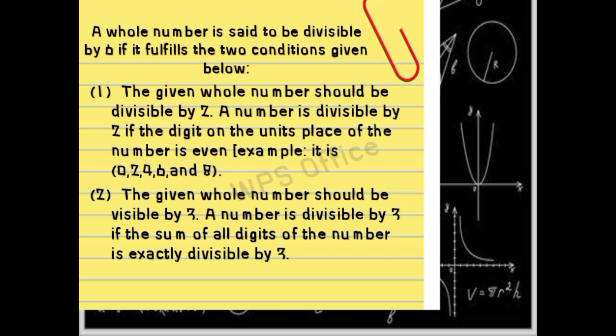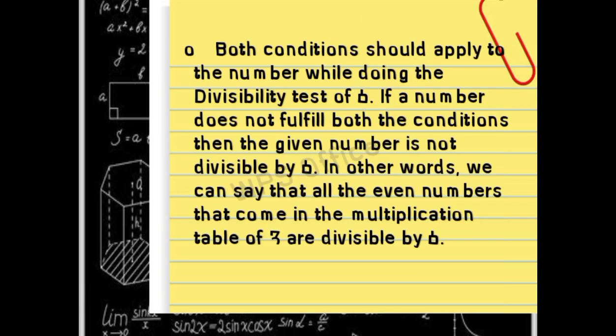A number is divisible by 3 if the sum of all digits of the number is exactly divisible by 3. Remember that both conditions should apply to the number while doing the divisibility test of 6. If a number does not fulfill both conditions, then it is not divisible by 6. In other words, all even numbers that come in the multiplication table of 3 are divisible by 6.